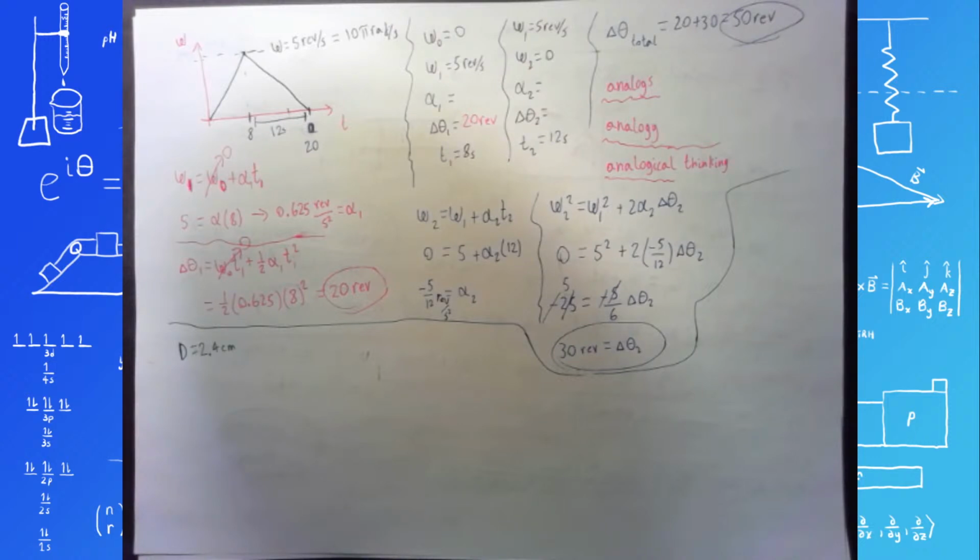We'll talk more about what it means to roll without slipping in a later part of this chapter, but for now, don't worry about it. If the rotation slows with an angular acceleration of magnitude 1.9 radians per second squared, how far does the coin roll before coming to rest? How far? This is asking about a linear distance.